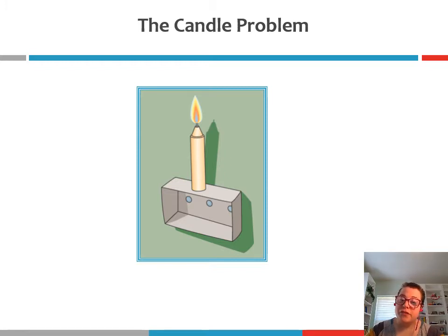So the solution to this problem occurs when a person realizes that the matchbox can actually be used as a support rather than a container. So what you can do is dump out the matches and use the tacks to affix the matchbox to the wall.